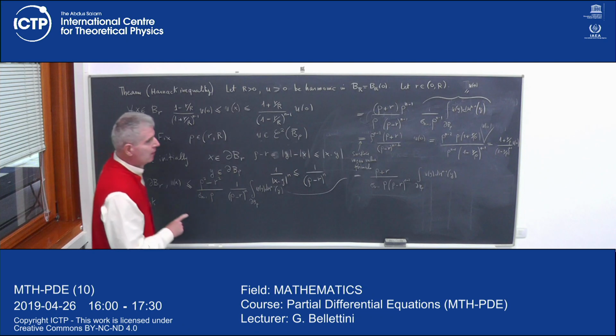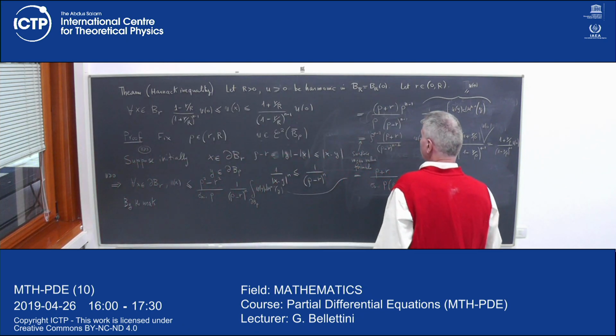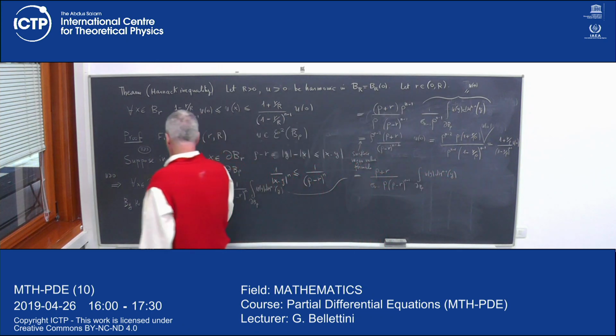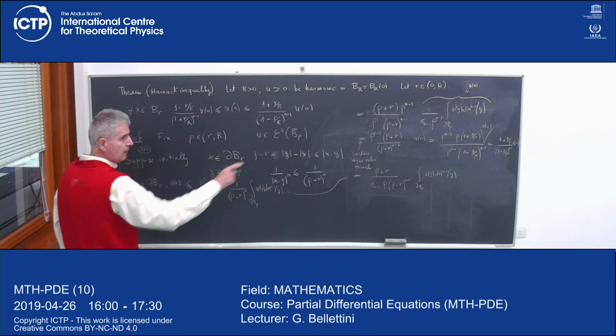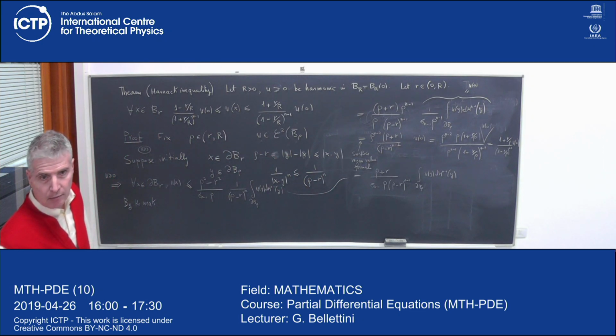So we have on the boundary of the ball that u of x is always less than or equal to that constant, and therefore also inside by the weak maximum principle.